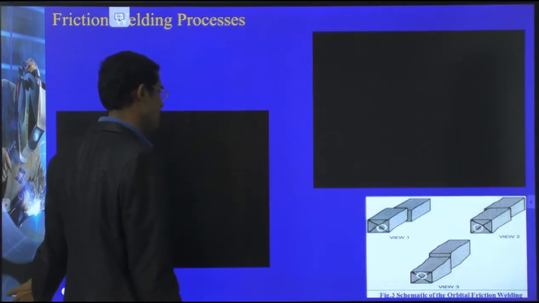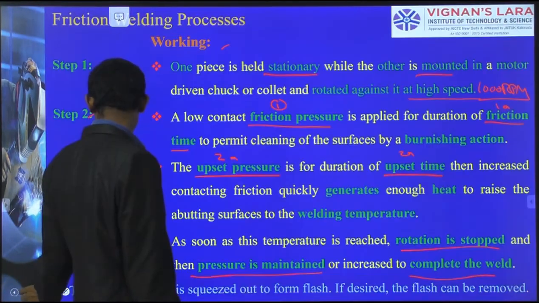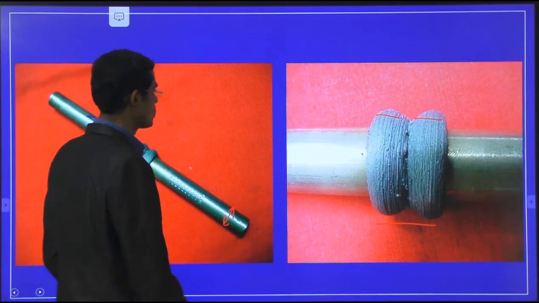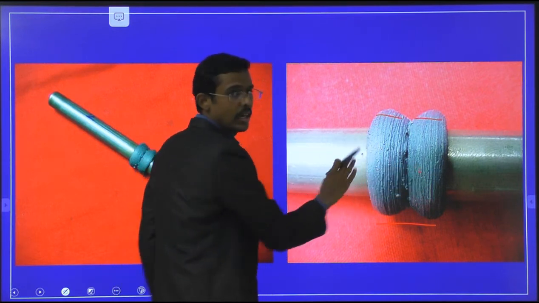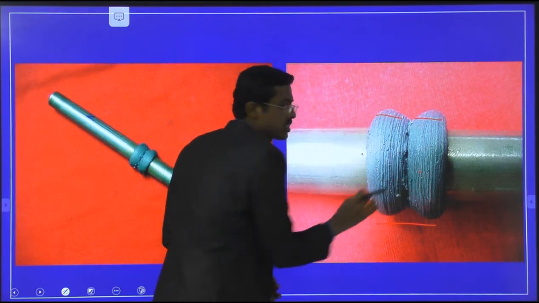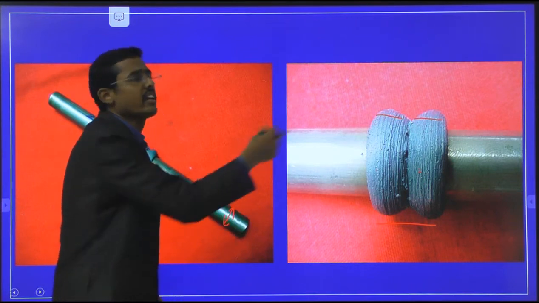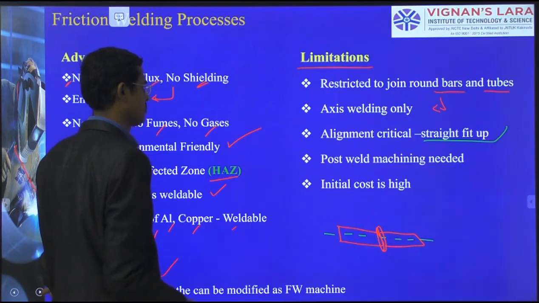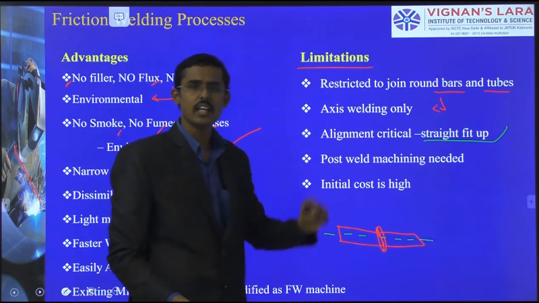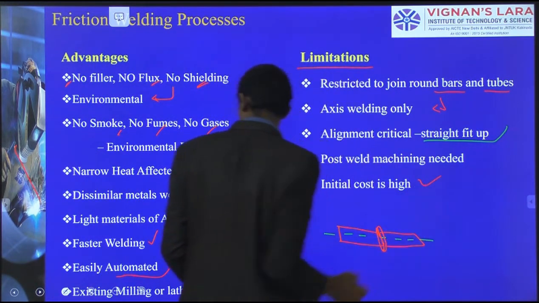Where is the flash in the image? You see, this one is flash. This one is flash. This specimen is welded, shortened, and this one is flash. If needed, we can remove it. Therefore, machining is required at later stages. Initial cost is high for the automated system.